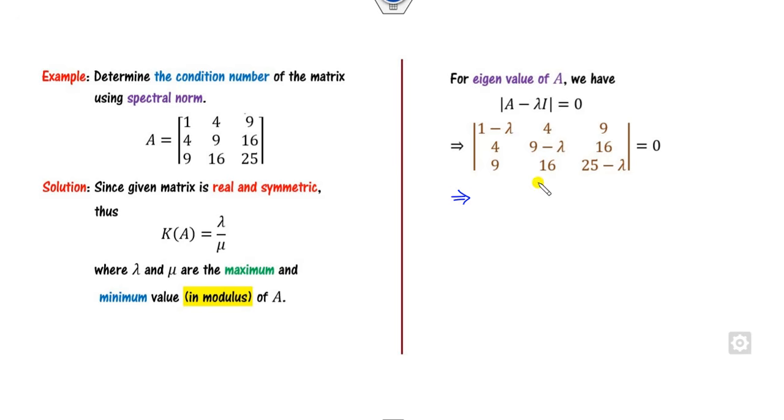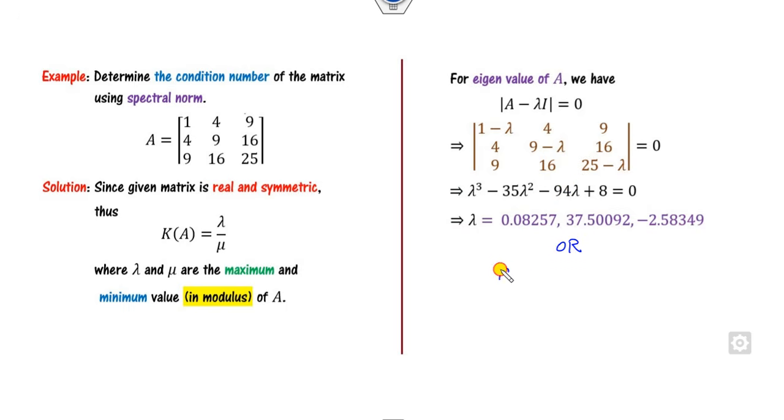You can expand this determinant and get this equation. You can use your calculator to find the cubic equation roots, or you can find the roots by using the bisection method, the regula falsi method, secant method, fixed point method, Newton-Raphson method, or any other.